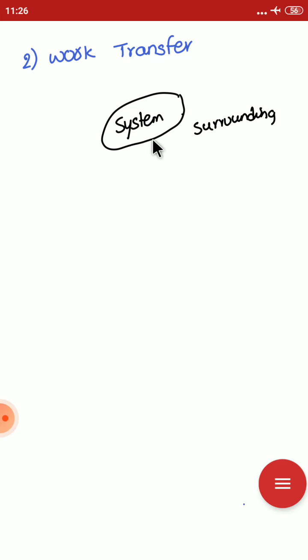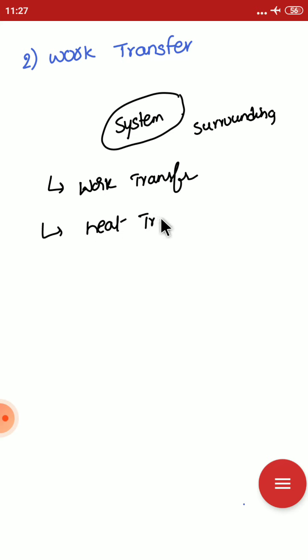Suppose this is a closed system. The interaction between the system and surroundings takes place only by the mode of work transfer or heat transfer.